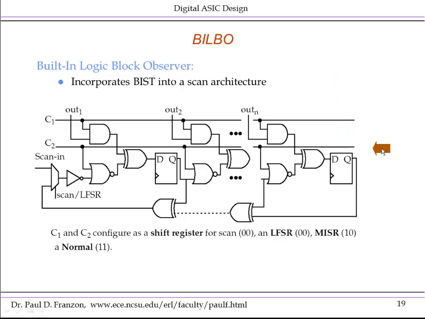The structure of a Bilbo register is shown at the bottom here. The outs at the top are from our combinational logic. C1 and C2 are control lines. Our scan input is not just the scan in from the register to the left, it's also an input from the LFSR. If C1 and C2 are set to 0, 0, the normal scan chain operates.